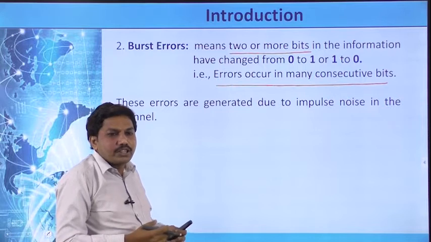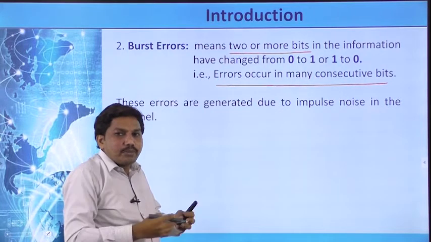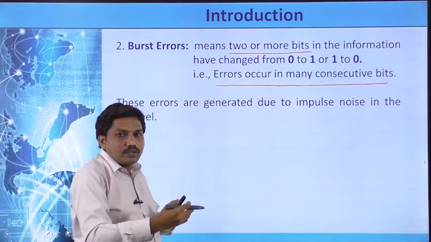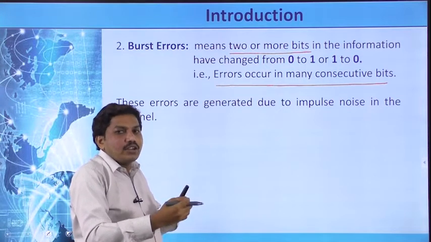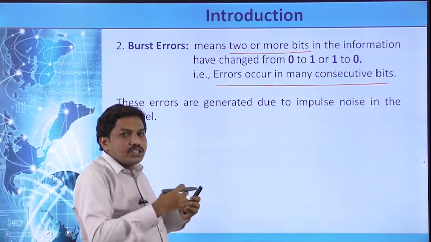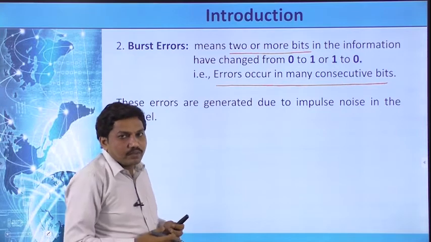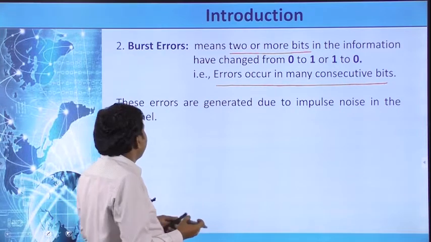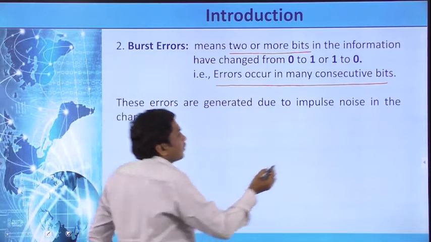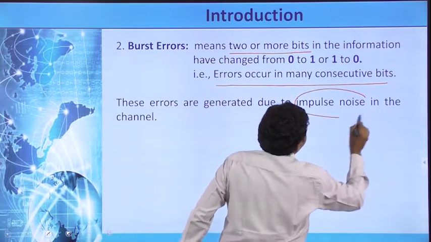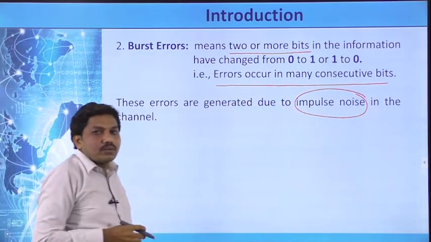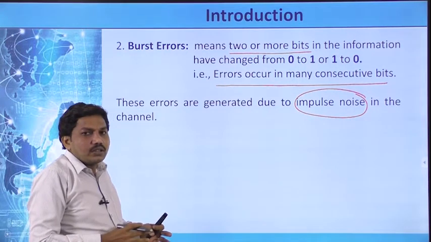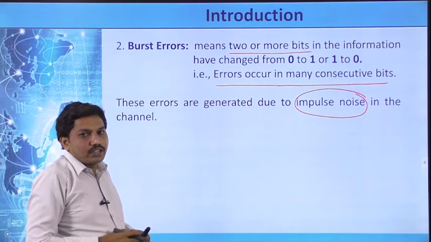The meaning of the statement is, if the error is there on the first bit, it automatically affects the second bit. If the error is there on the second bit, it automatically affects the third bit. That means these are dependent on each other. These errors are caused due to the presence of impulse noise.